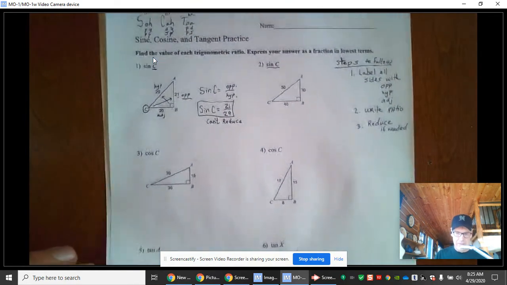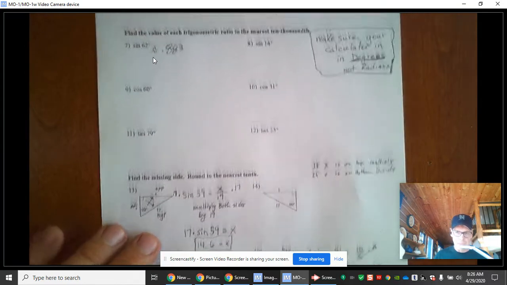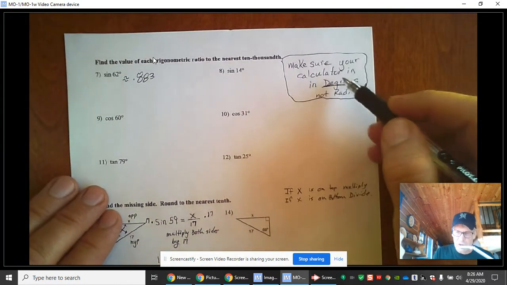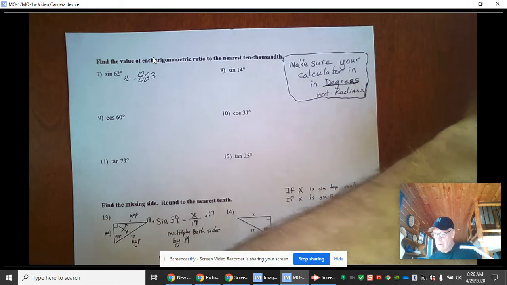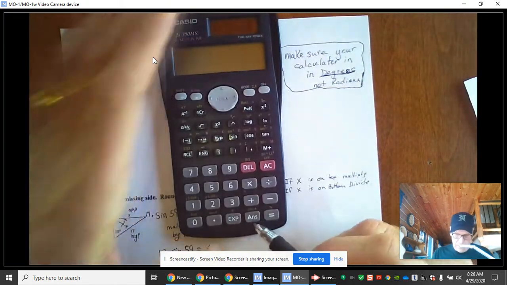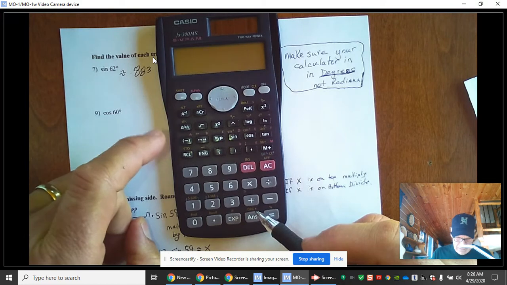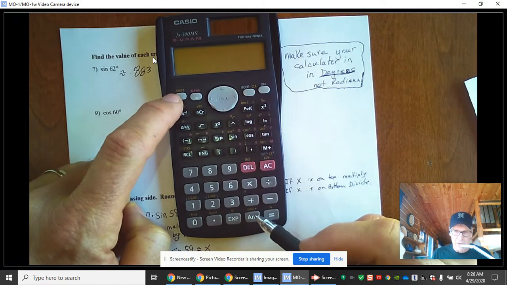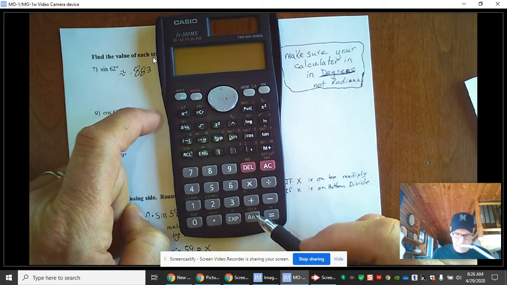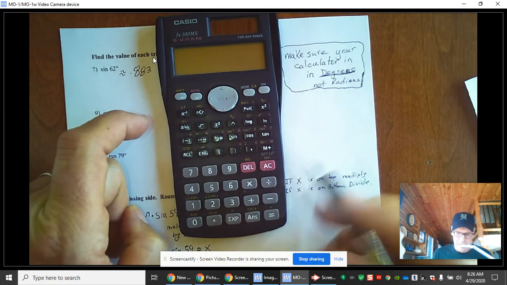All right, page 2. First, you got to make sure your calc is in degrees, not radians. So if you look, mine is this Casio right here. It's in the yellow. So I have to hit the second function and then make sure I'm in degrees, not radians.